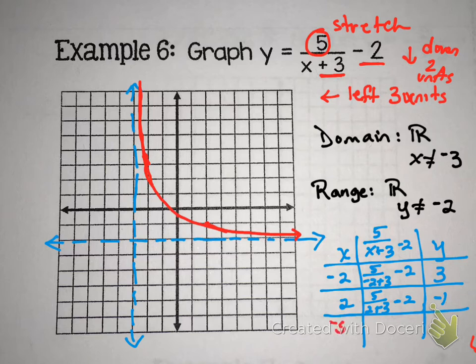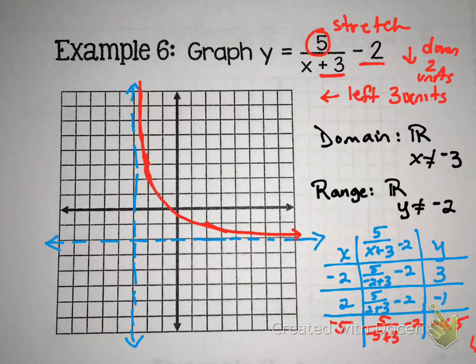That would work: 5 over -5 plus 3, which is 5 over -2, which is -2.5, minus 2 would be -4.5.